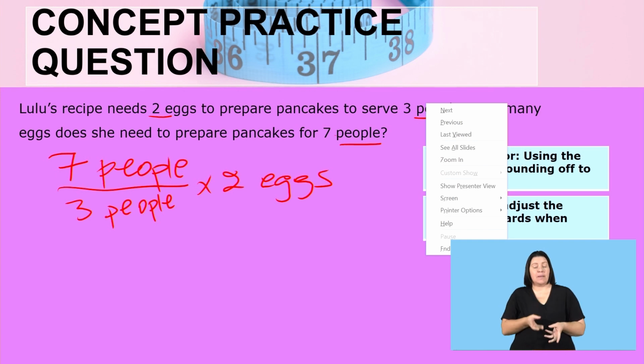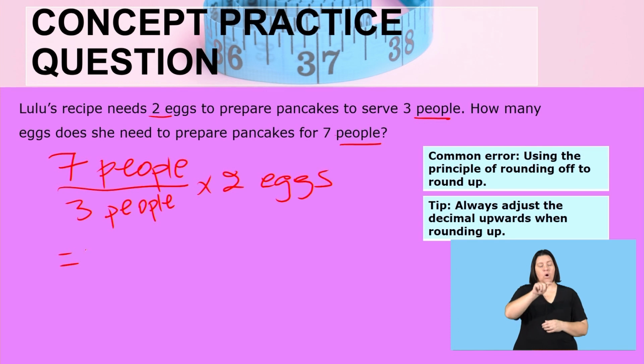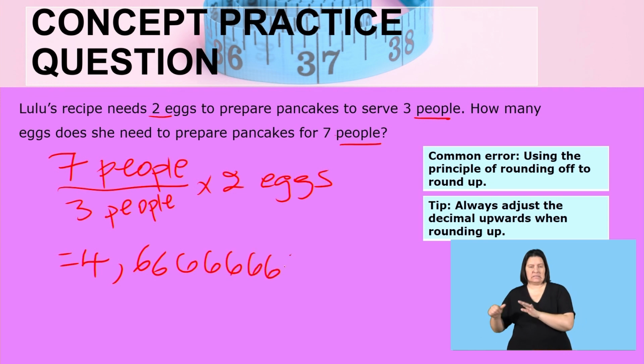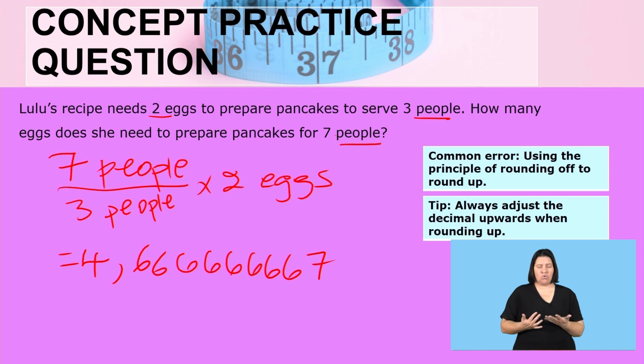The answer that I get is 4,66, 66 recurring. So your answer is 4,66666667.